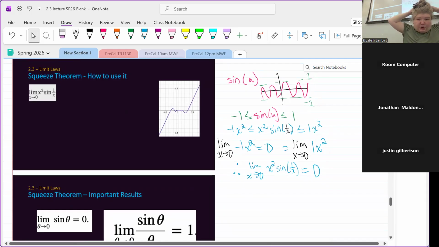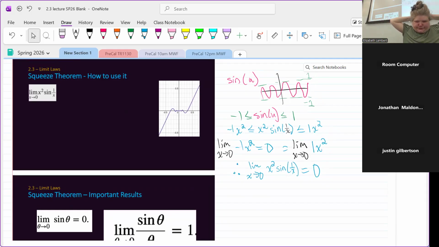So we just exploited that to our advantage. So, questions on how that worked out? The graph, how I picked those bounding functions, how we got to the conclusion?